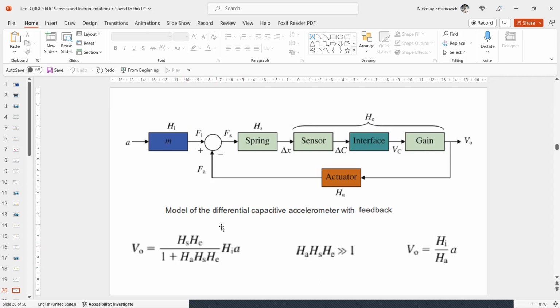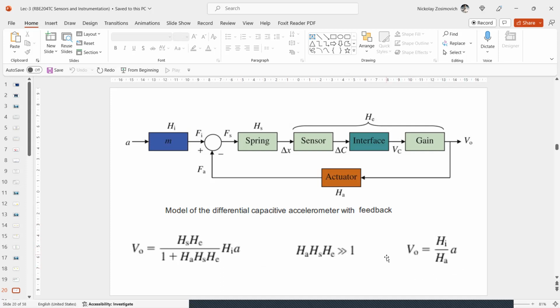And finally, HA is a transfer of the actuator. If we have the condition that HA, HS, and HE multiplied should be much higher than 1, in this case the transfer function of the total sensor system becomes this equation on the right side. Very simple, right? Very nice.